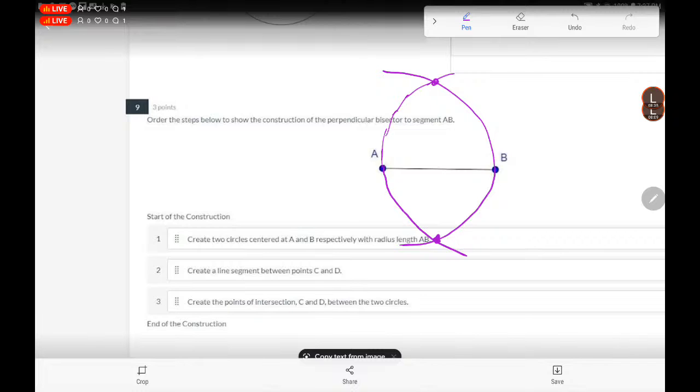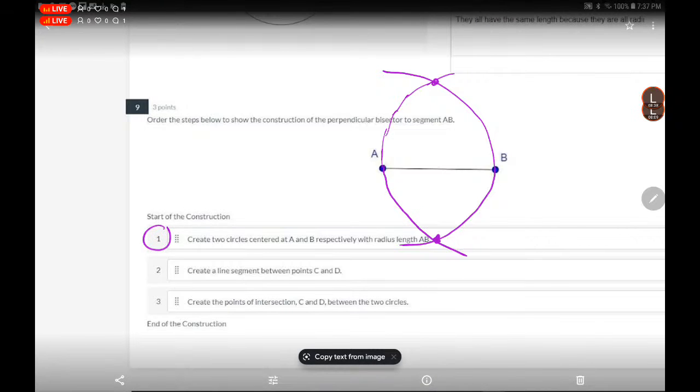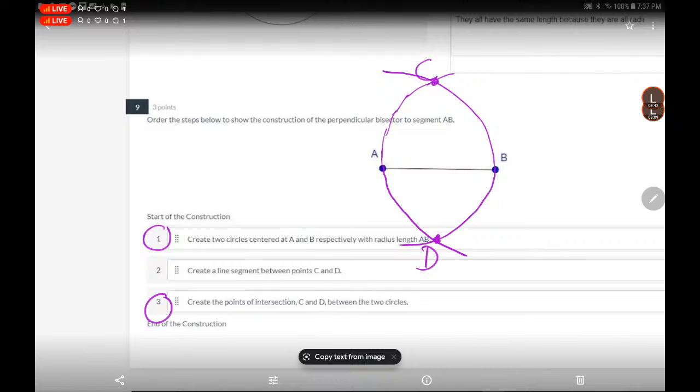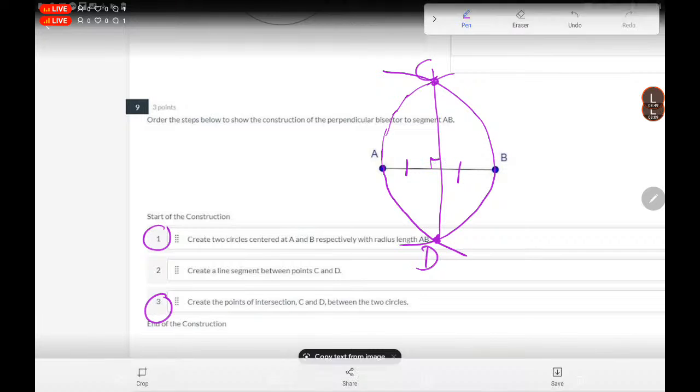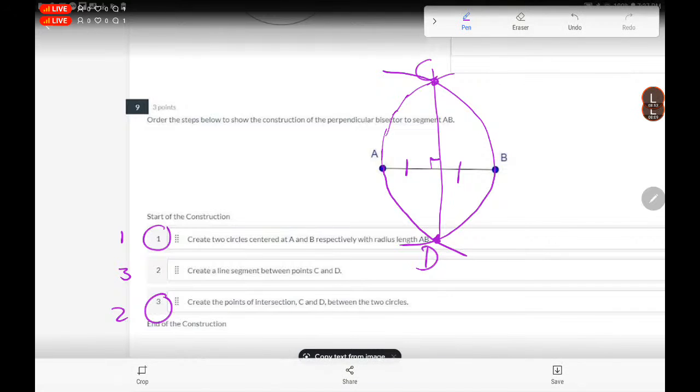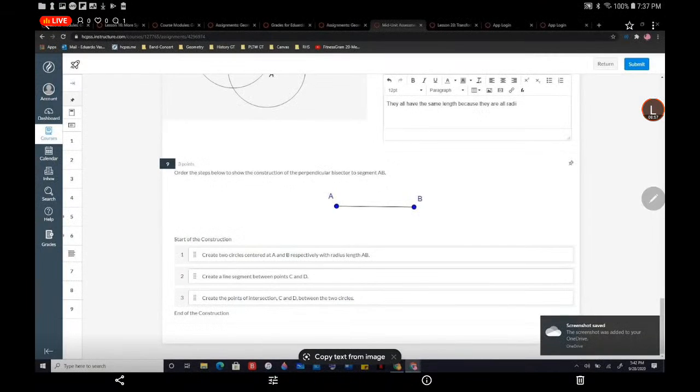Oh, so first we create the two circles, then we create the points of intersection, C and D, and then we join C and D. And that makes our perpendicular bisector. So it's 1, 2, 3. All right.